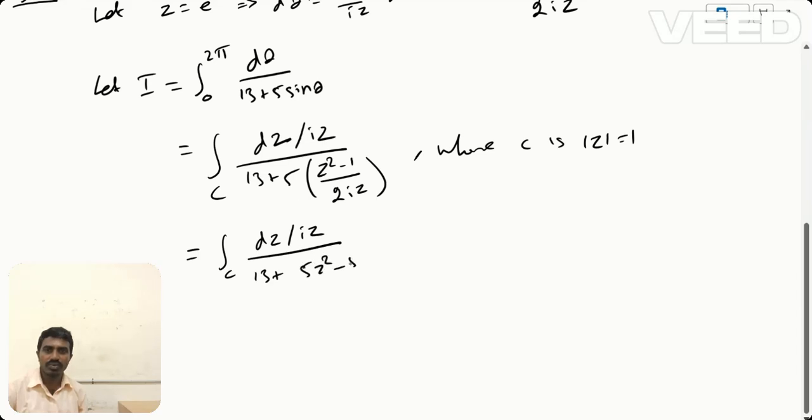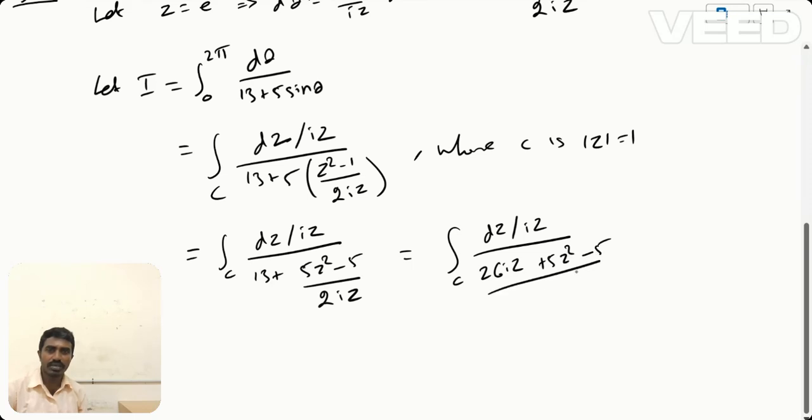5 z square minus 5 by 2iz. Now take LCM and simplify. Then integral over C dz by iz by 13 twos are 26 iz plus 5z square minus 5 by 2iz. So this iz and iz will get cancelled. Now this 2 will go to the numerator. Then you get 2 times integral over C dz by 5z square plus 26 iz minus 5.